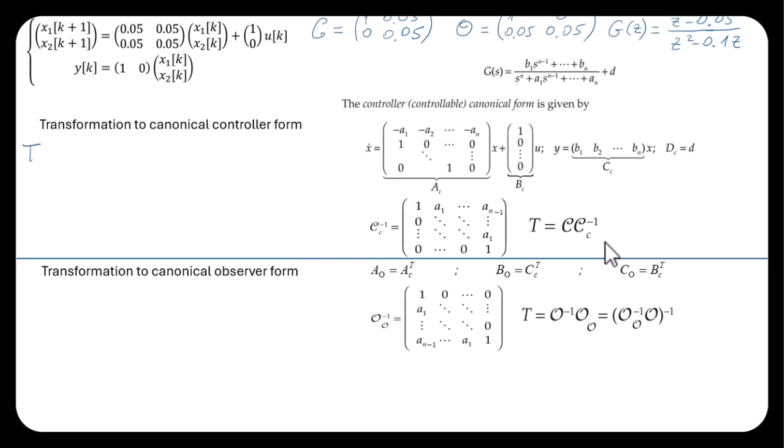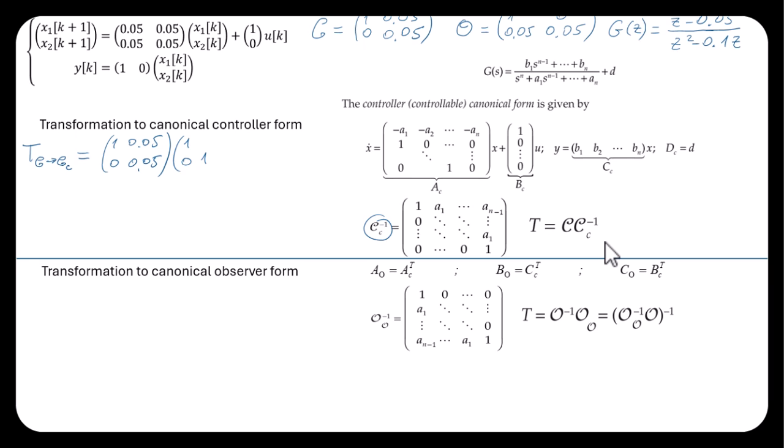So T from the controllable state to canonical state will be equal to controllability matrix, which is matrix 1, 0.05, 0, 0.05, times that matrix. And that matrix is also 2 by 2, so it starts with 1, and it continues with 1 on the main diagonal. On the bottom left you have 0, and here we need coefficient a1.